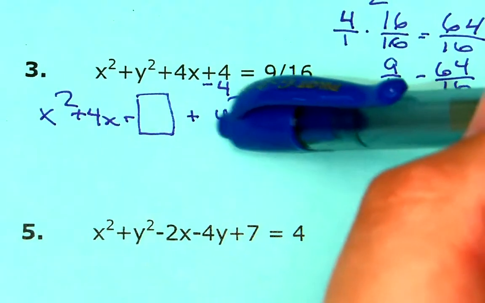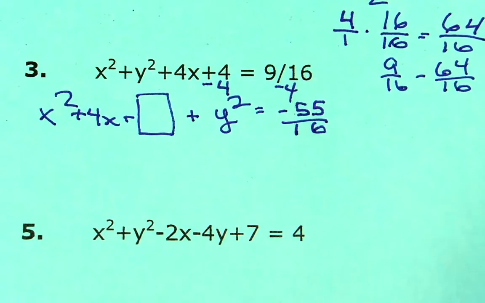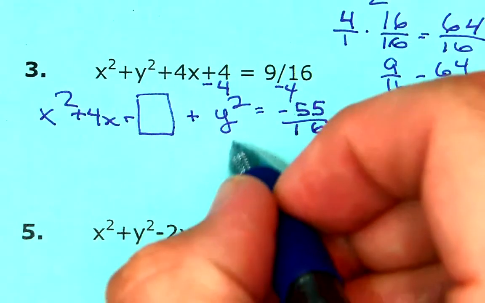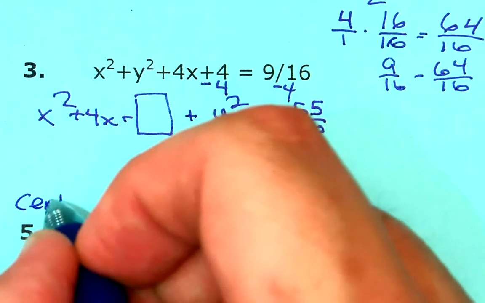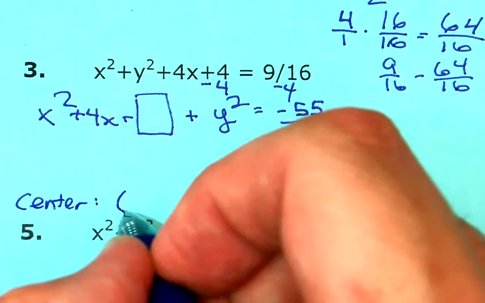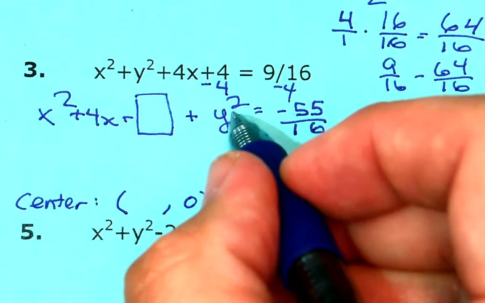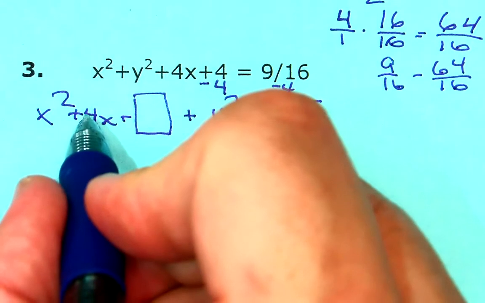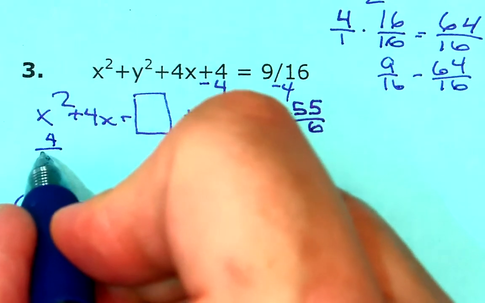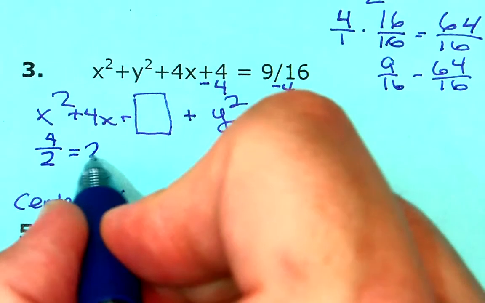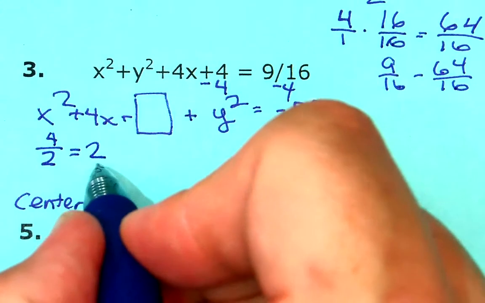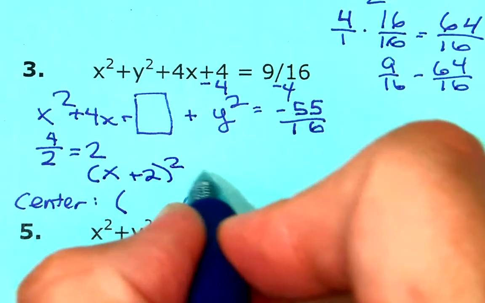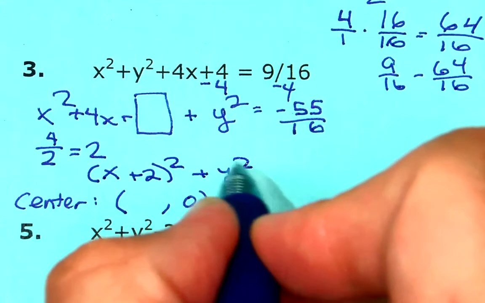But what's the value that's going to be in the center? 0. So I know my center, at least right now, is going to be something comma 0. Because the y squared doesn't have anything to do. So now I take 4 and divide it by 2, and what do I get? 2. So I know I'm going to get x plus 2 squared plus y squared.